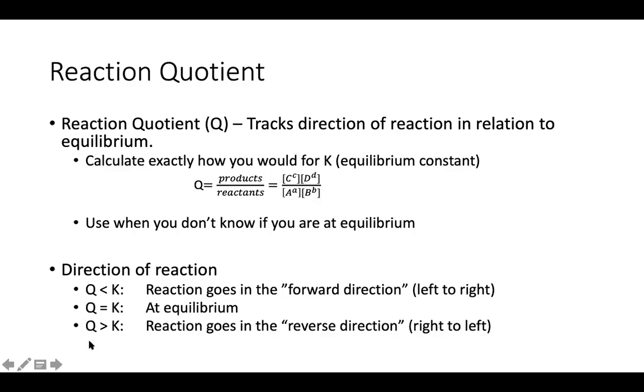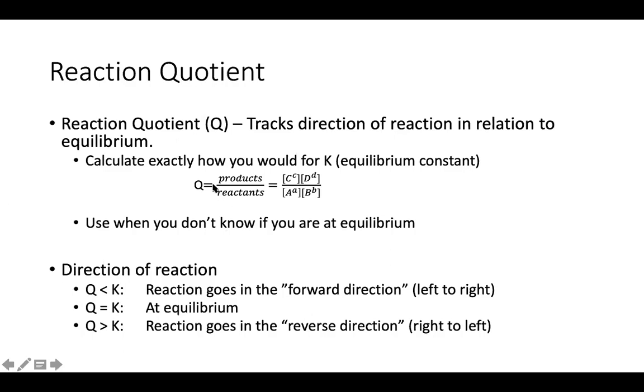But based on our relationship between Q and K, we can know the direction of the reaction. So this chart down here is very, very important. If we solve for our reaction quotient Q, and the value of Q is less than the value of K, our equilibrium constant, it means our reaction is going to keep going in the forward direction, which is left to right when looking at an equation.